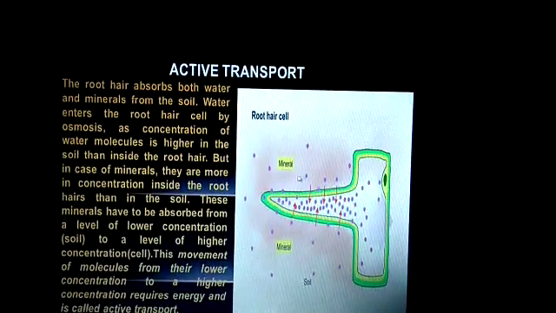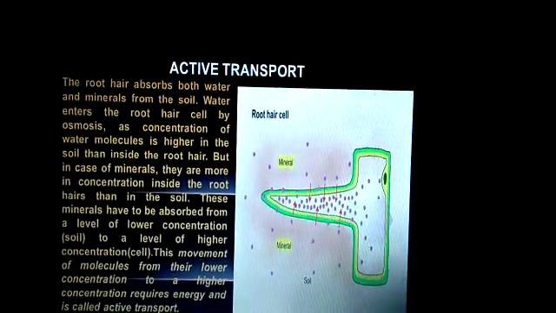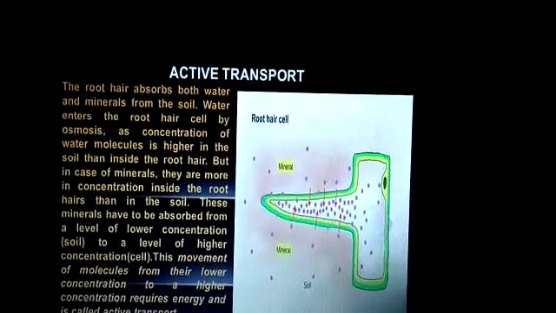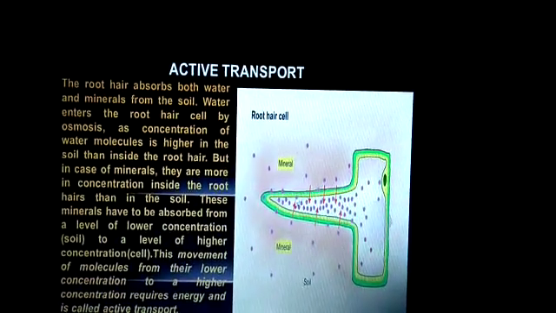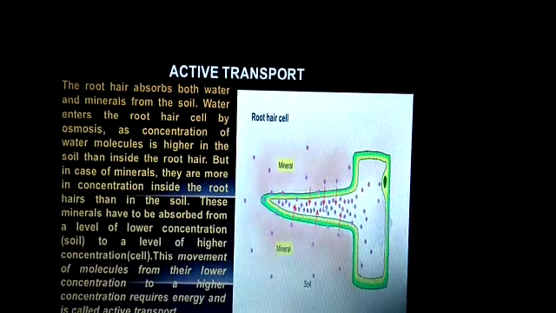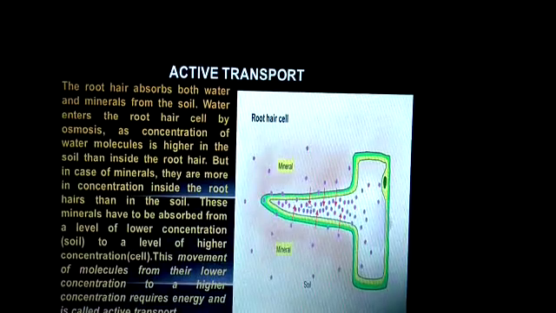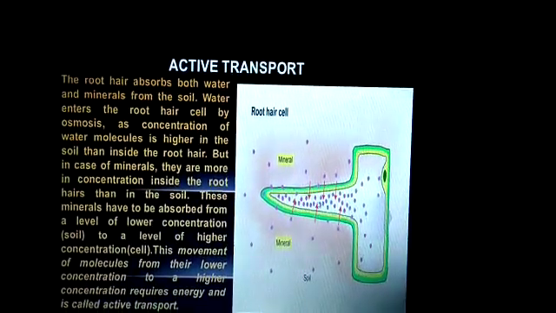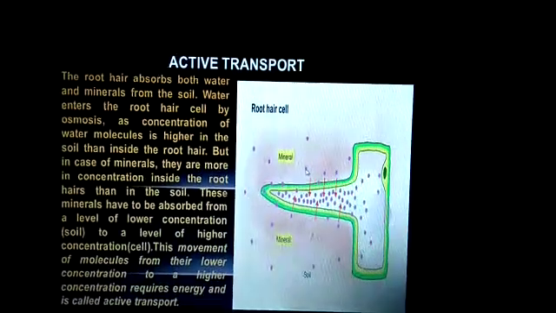This is because the concentration of water in the soil is higher than inside the root hair. But in the case of minerals, the case is different. The concentration of minerals is higher in the root hair cell as compared to the soil. As you can see, these pink dots are higher in number inside the root hair cell and lesser in number in the soil.